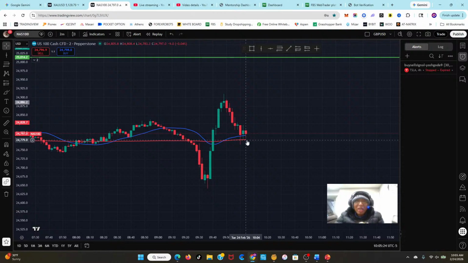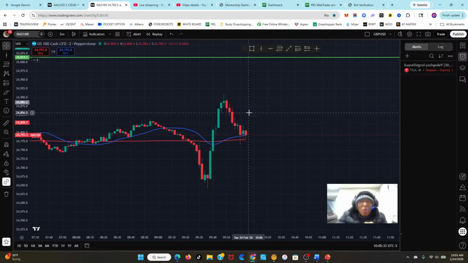So here is a wick at the bottom telling us that it's likely to go up. However, it's not out of the woods yet. As you can see, the green was quickly overpowered by this red bar here. So we have not entered the trade yet.